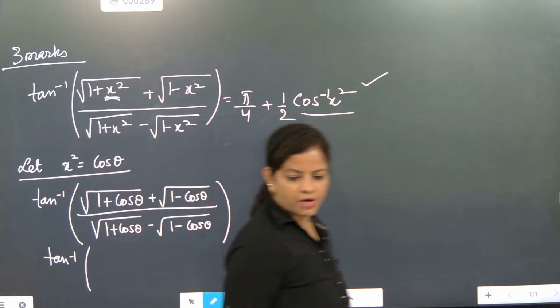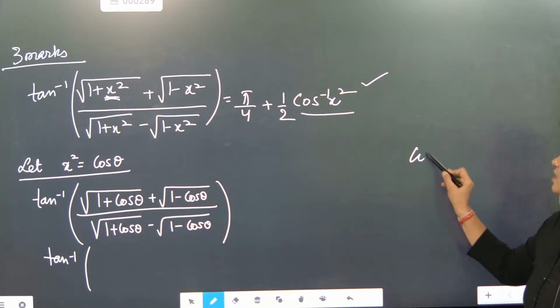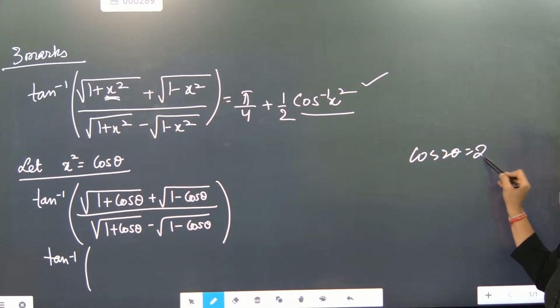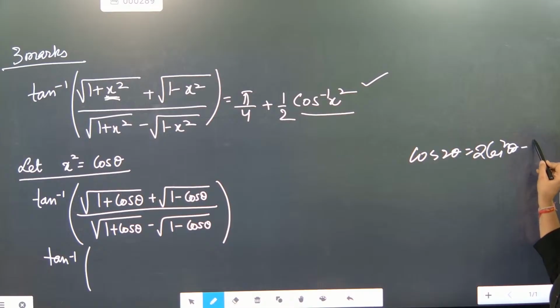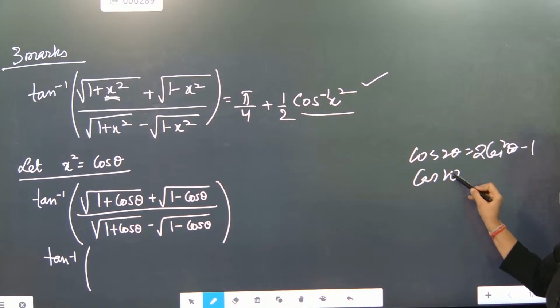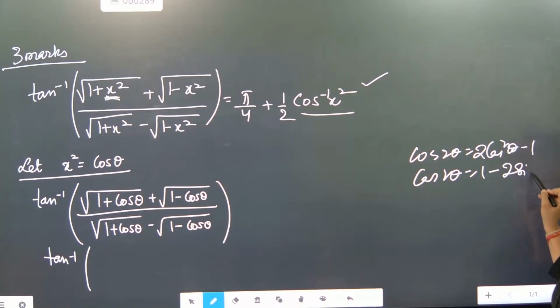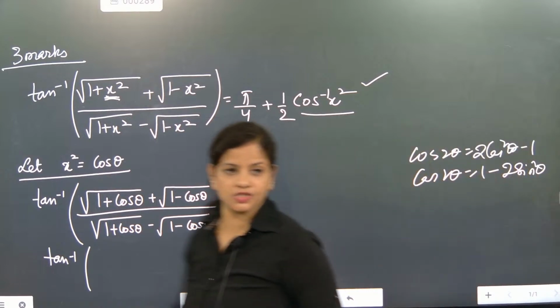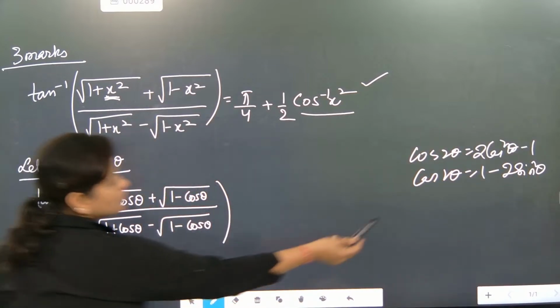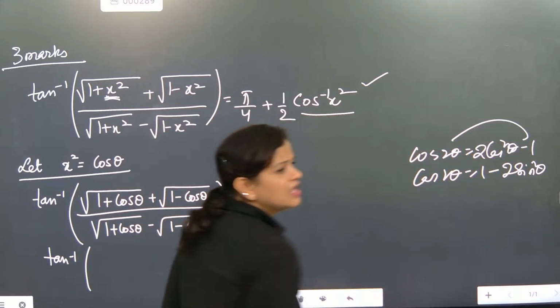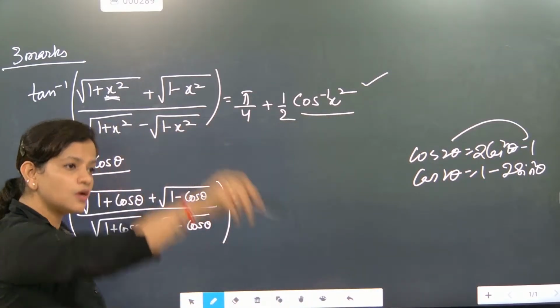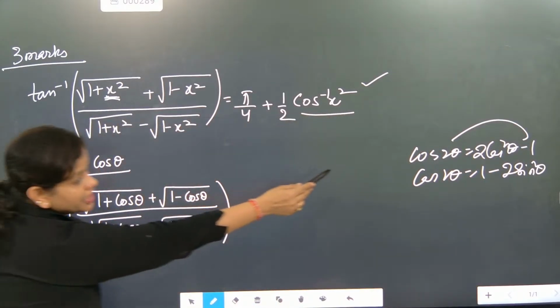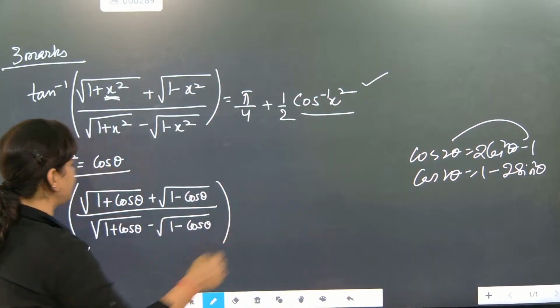Again I am writing the formulas. Please pay attention. Cos 2 theta is 2 cos squared theta minus 1. Cos 2 theta is 1 minus 2 sin square theta. So when plus will be there, it will be cos. Because this minus will shift this side, it will become cos 2 theta plus 1. But here that is 2 theta, so when theta will be there, it will become theta by 2.